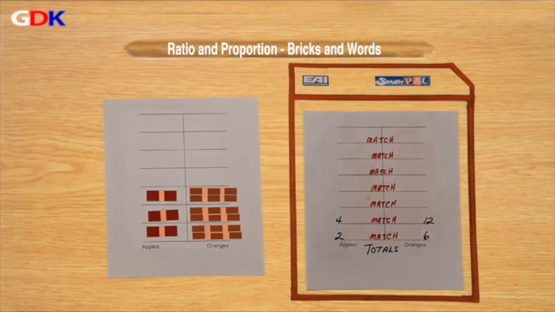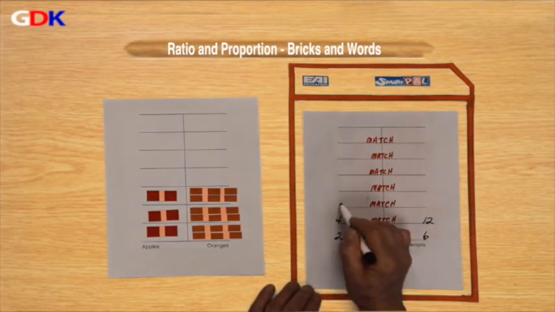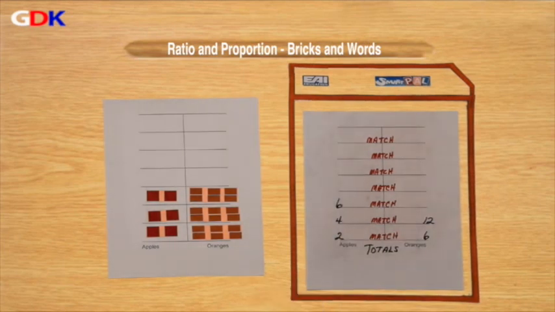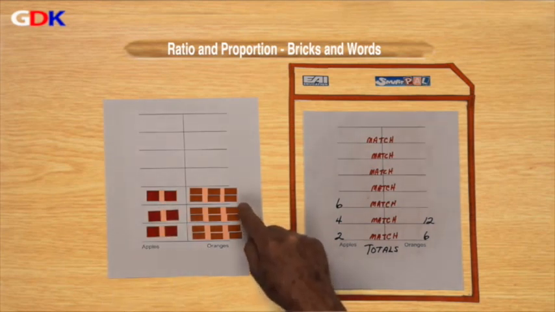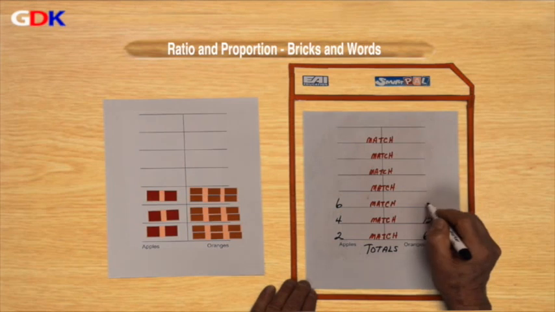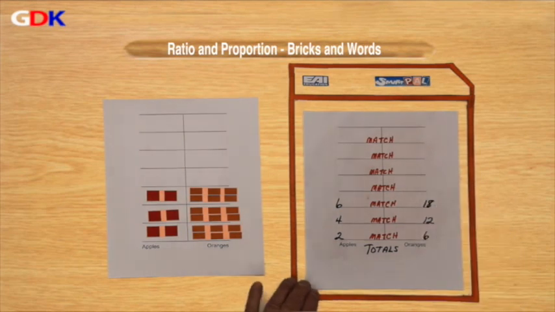We have one set here, one set here, and one set here. But over on our recording, let's record the total number of apples and the total number of oranges that we have. With the apples, we now have 6 apples, and those 6 apples match 6, 12, 18 oranges. So 6 apples match 18 oranges.